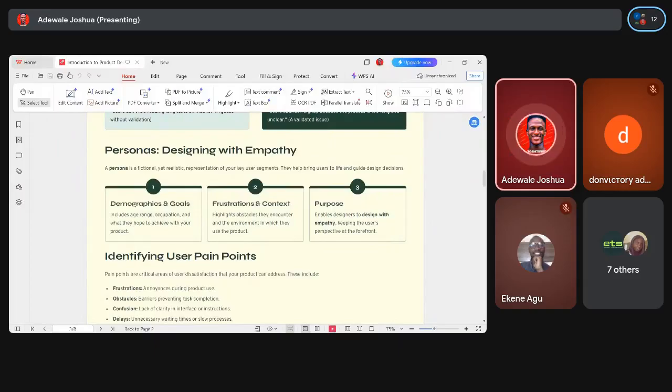Understand you are designing based on your audience, the user, and identifying some of these things: their age range, their occupation, and what they hope to achieve with your product, the goals, the frustrations, and highlight obstacles they encounter, and the environment in which they use the product. The purpose enables designers to design with empathy, keeping the user's perspective at the forefront.